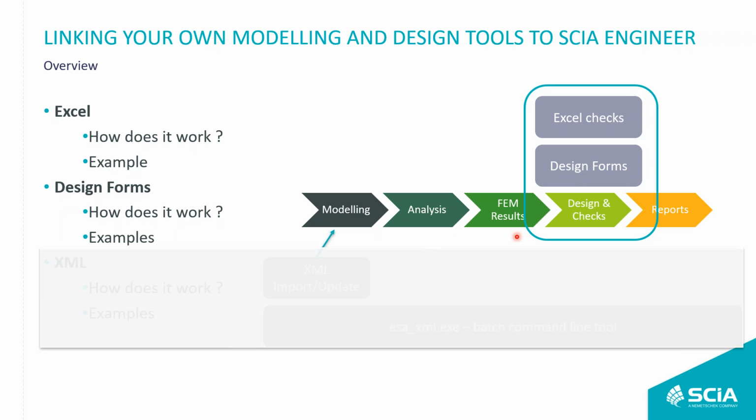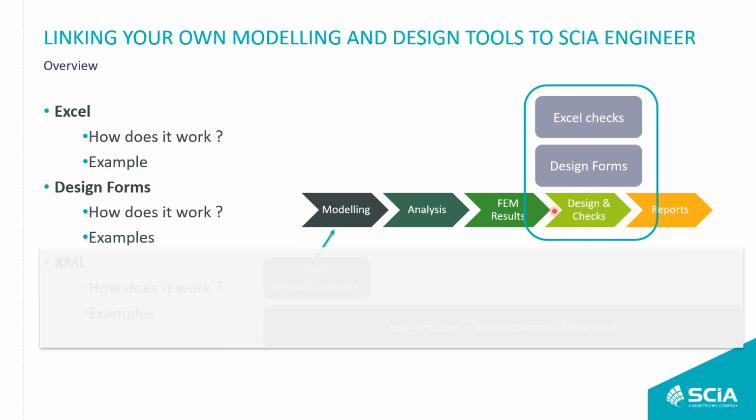Afterwards you are able to see the results, and then you can, inside SCIA Engineer, do design and checks. And this means that you can do the steel code check, you can design steel connections, you can do the design of concrete reinforcement in beams, columns, plates, walls, and shells, all those things. This is inside SCIA Engineer, and at the same time afterwards you can do the reporting.